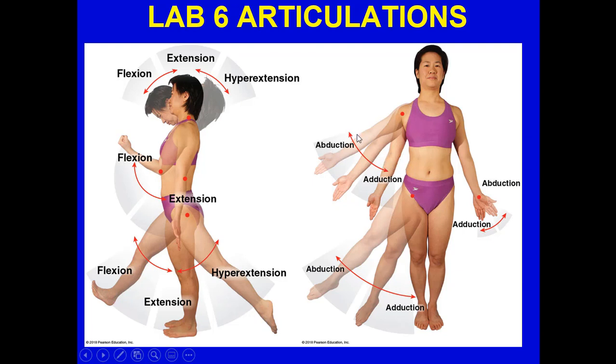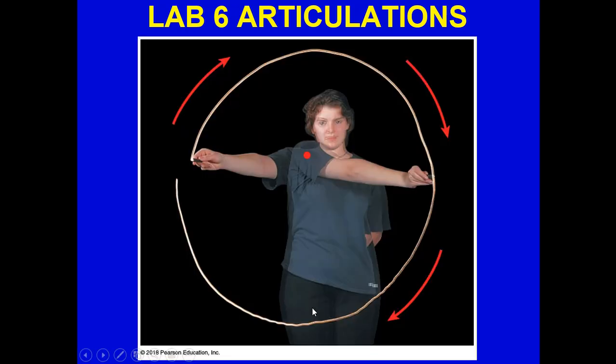And adduction is bringing it back to the longitudinal axis here. This is circumduction. That's what the red dots are for; that would be the site of the joint. The arm is extended, and you're making somewhat of a large circular or sweeping motion.